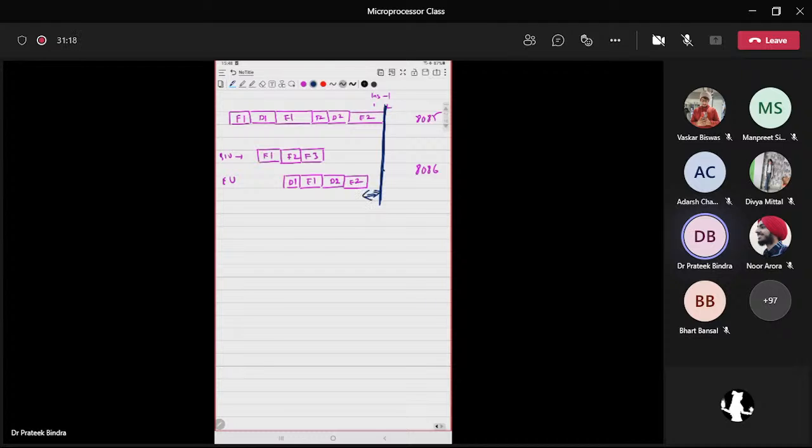That extra time you are now achieving by doing pipelining. Fine. Any doubt in this particular thing? Is it clear to all of you? What pipelining basically means?